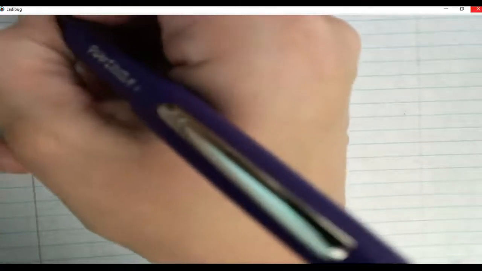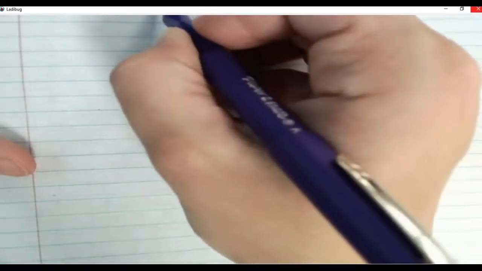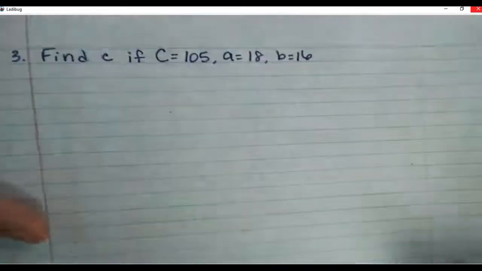Let's do one more. So let's say that it just tells me stuff. Let's say it tells me that we want to find little c if big C is 105, little a is 18, and little b is 16.